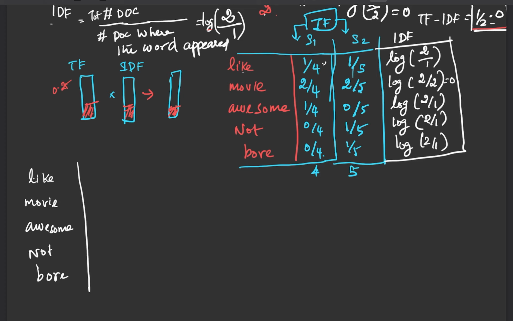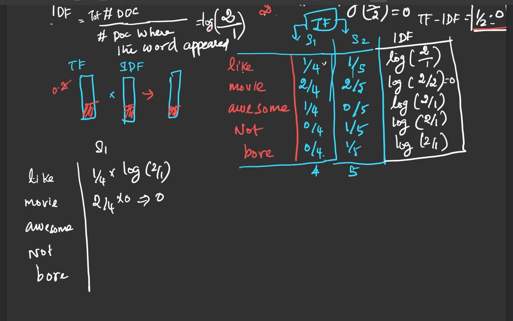And for the first observation, we just multiply 1 by 4 log of 2 by 1. Movie becomes 2 by 4 times log of 2 by 2, which is 0, so eventually it becomes 0.